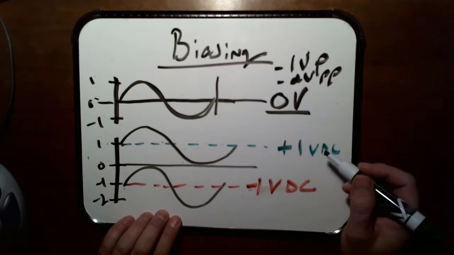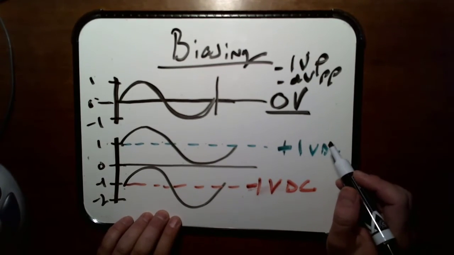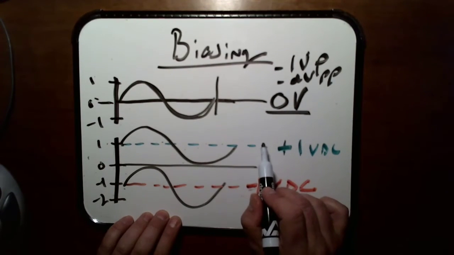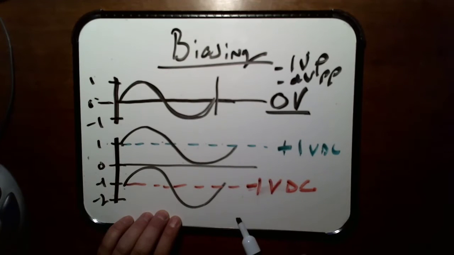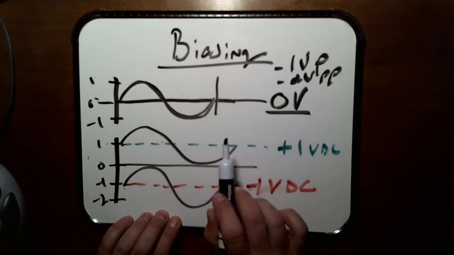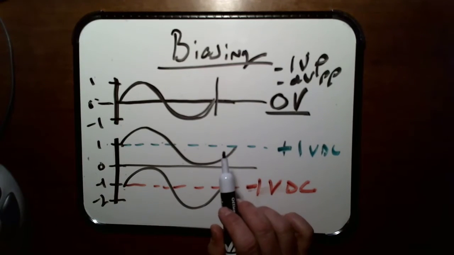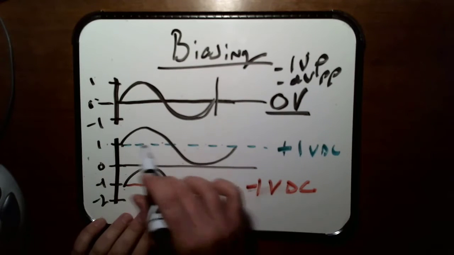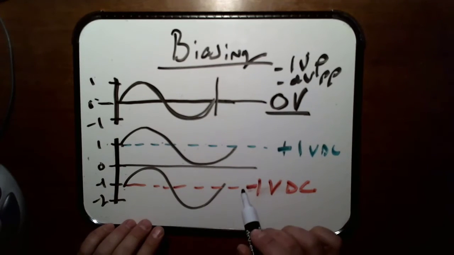If I add a DC source to this wave, I can move it up so that it will center itself or hover itself right around 1 volt.